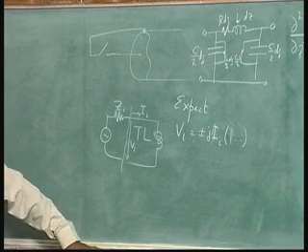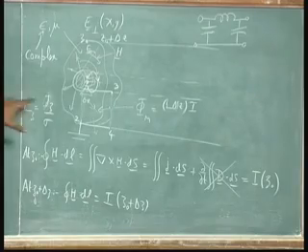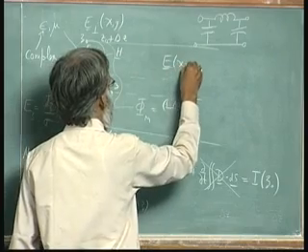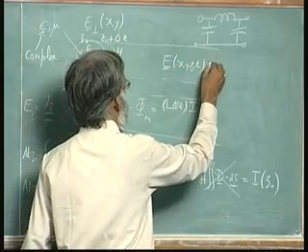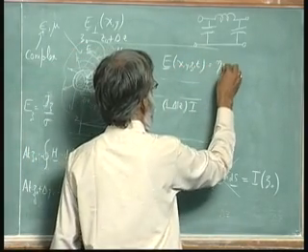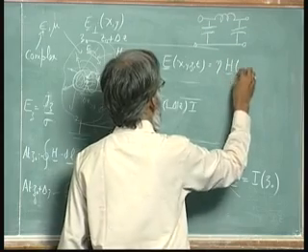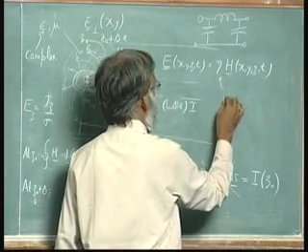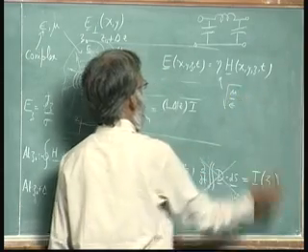In fact, if we go back to this picture, we know that the electric field, which is a function of x, y, z and t, is equal to eta times the magnetic field, where eta is nothing but square root of mu over epsilon.